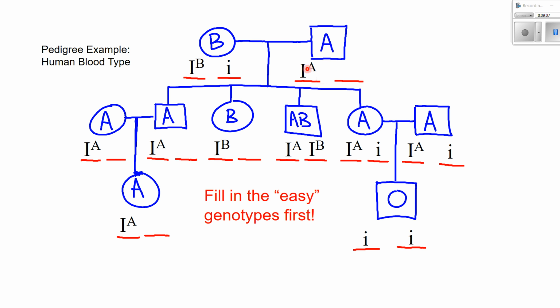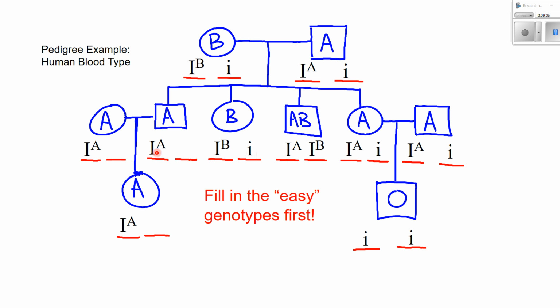Now, could it be the big IA? No, because then the blood type would be incorrect. There's no way dad has a big IB. So if we know that this is not a big IB, and it's certainly not a big IA, the only other possibility is little i.